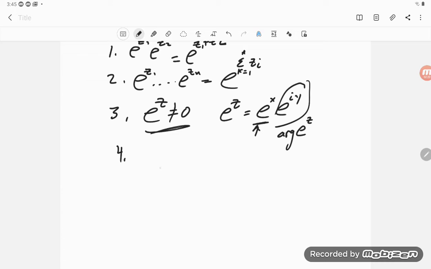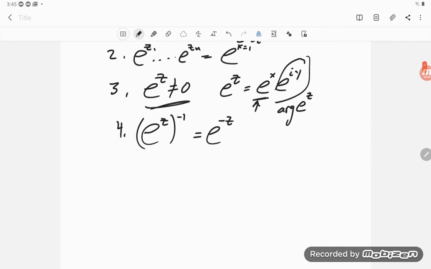Four, e to the z inverse, multiplicative inverse, is just e to the negative z. Now, of course, they don't have a rule like e to the z to the, oh, I know why they don't.